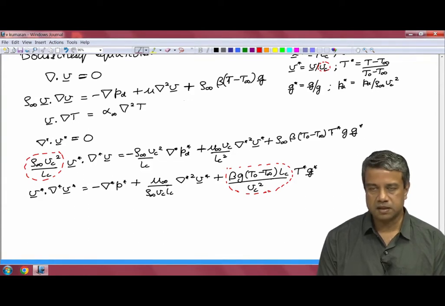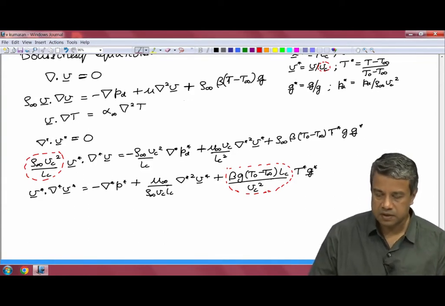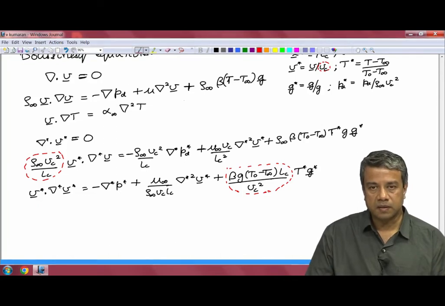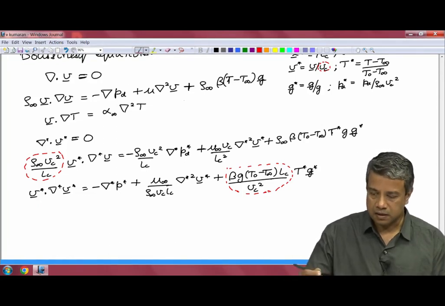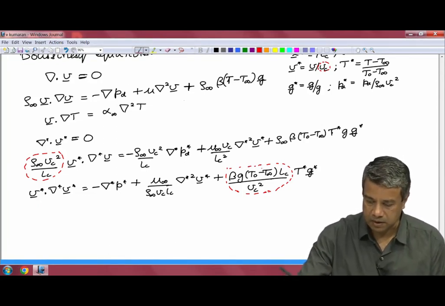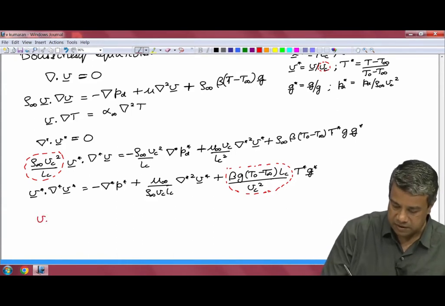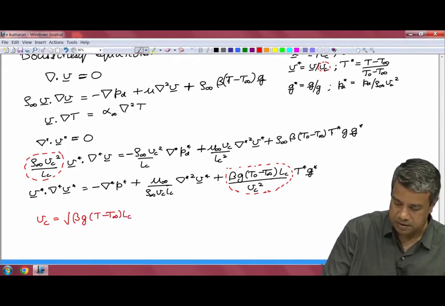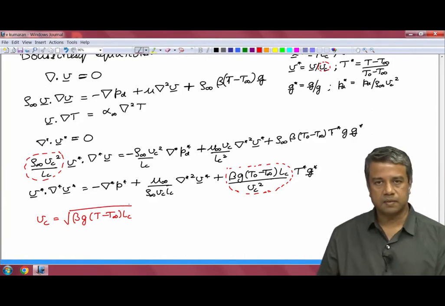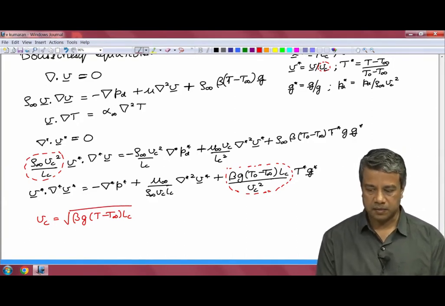But for the inertial term to balance the buoyancy force, that term in the red outline has to be order 1, which implies that V_c has to be equal to square root of beta g into T minus T infinity times L_c. That has to be the characteristic velocity.